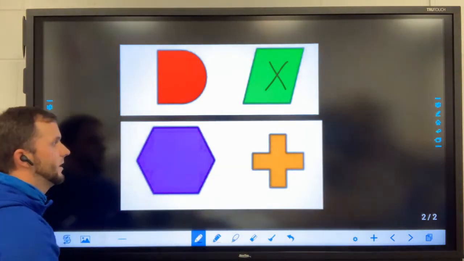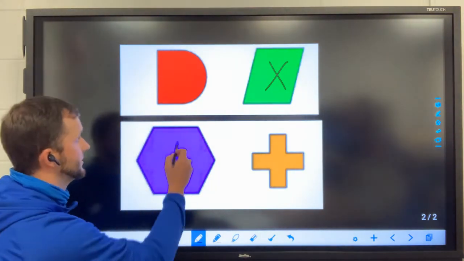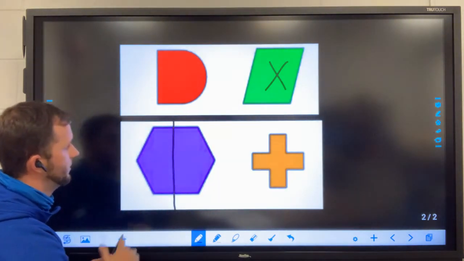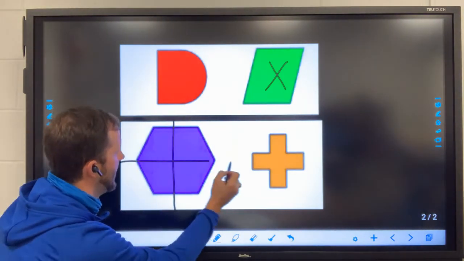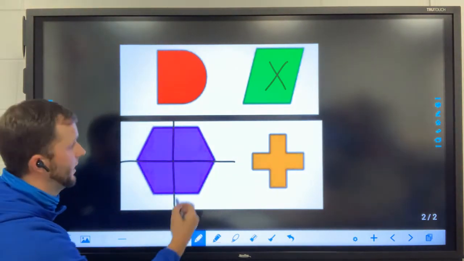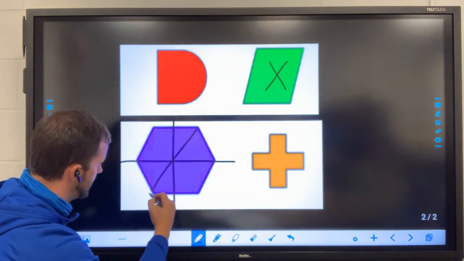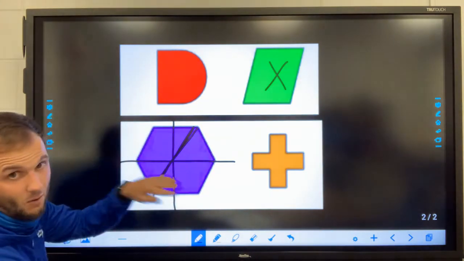So now let's go ahead and look at this hexagon here. This one's probably going to have multiples, because if I was to split this straight down the middle, it matches on both sides. If I was to split it going this way, it's going to match on both sides going that way, okay? If I was to split it going diagonal here, corner to corner, it's going to match flipping that way.